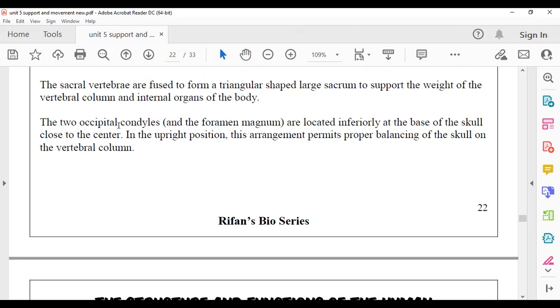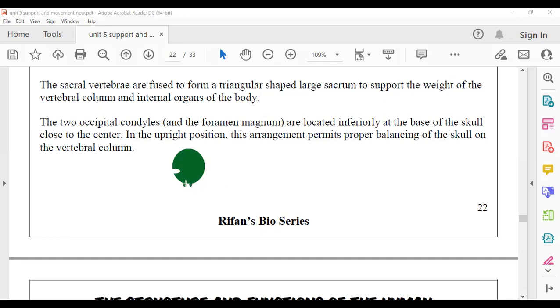And finally, the occipital condyles. Now, if you take a human skull, when we have the mouth here, we have the occipital condyles situated like this.